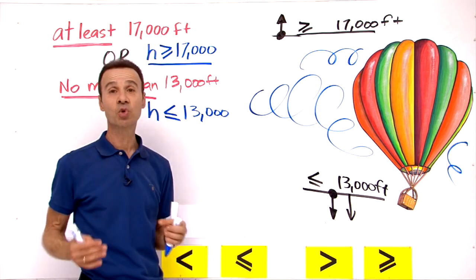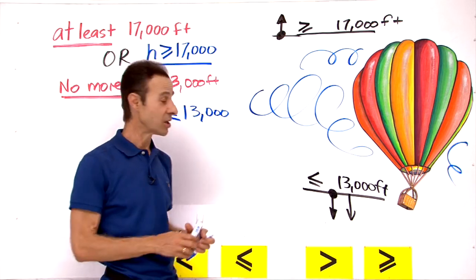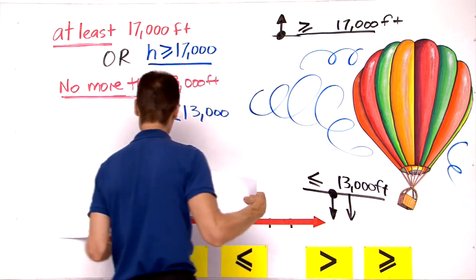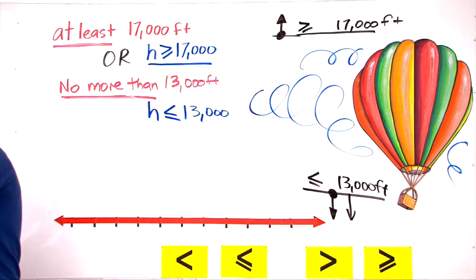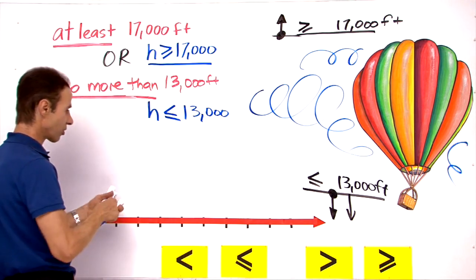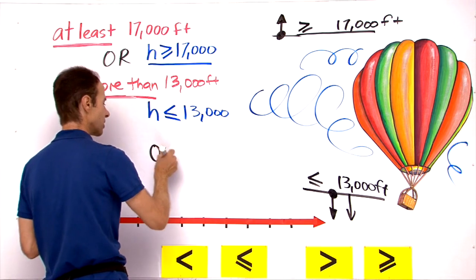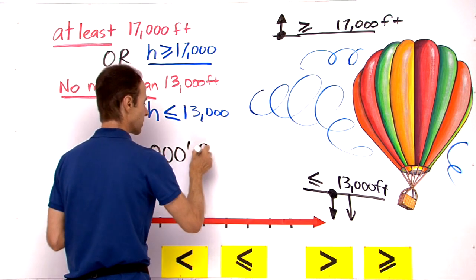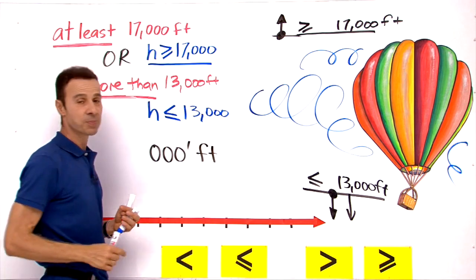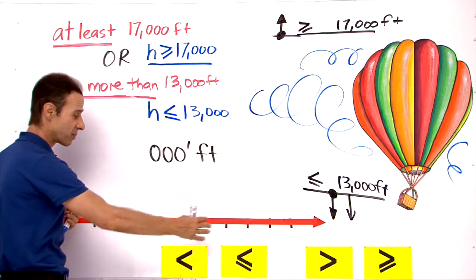Now all we have to do is graph this on the number line. So let's do that so we can further enhance our understanding. Okay, let's see what numbers we can put here. So I'm going to put this across here in thousands of feet, so I'll just need the first 2 digits for each particular altitude to save a bit of space here.